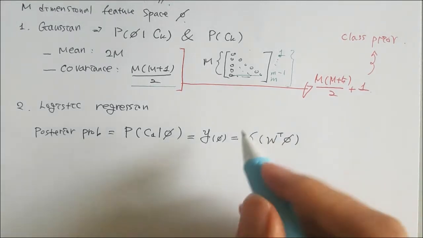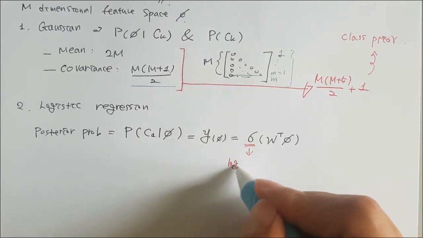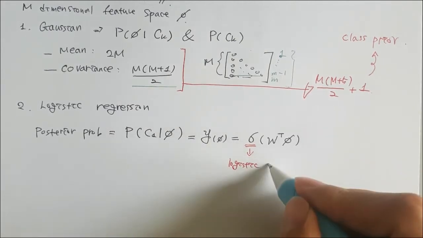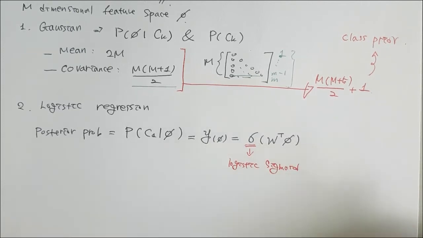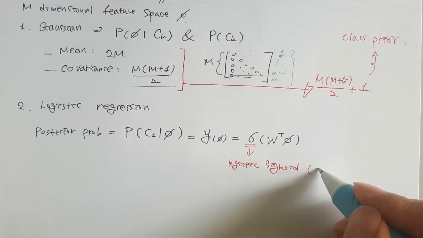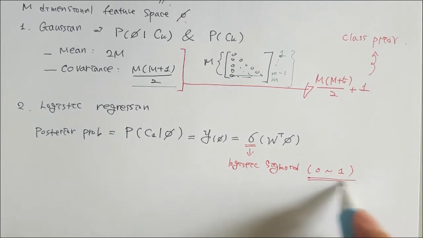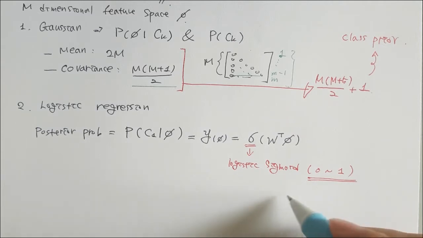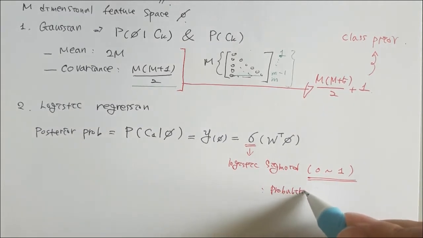So here this is the logistic sigmoid. It has values from 0 to 1, therefore it is appropriate to represent probability.